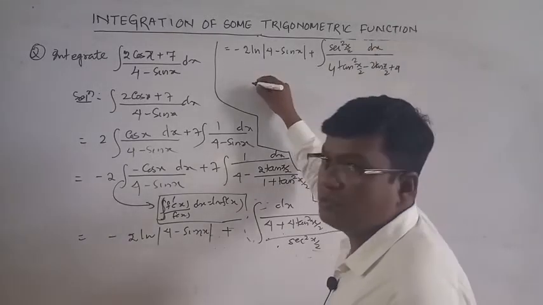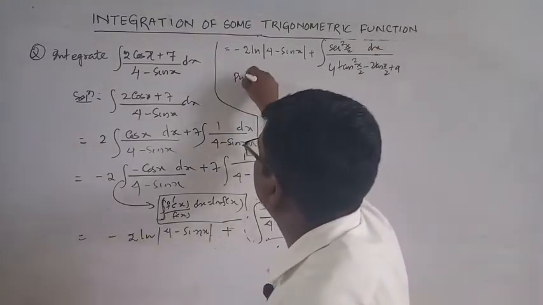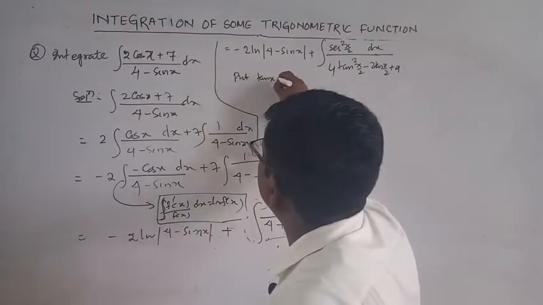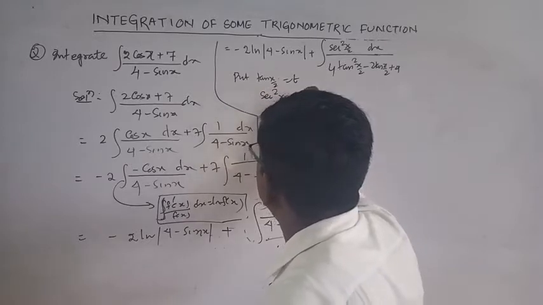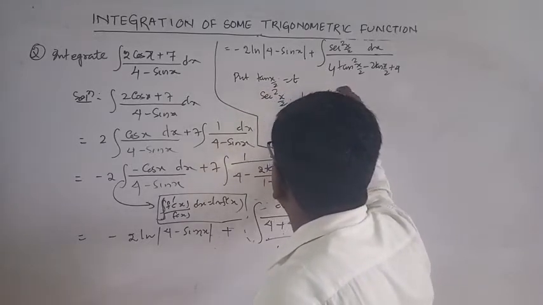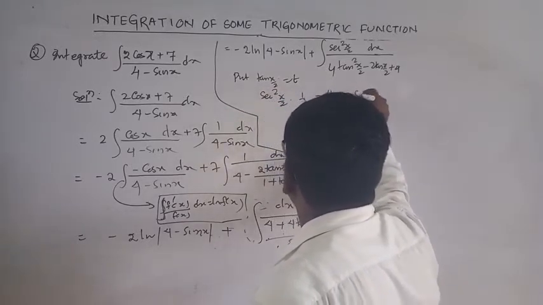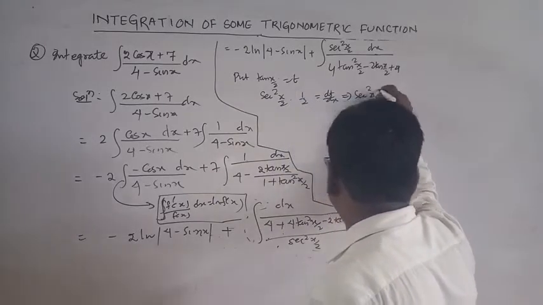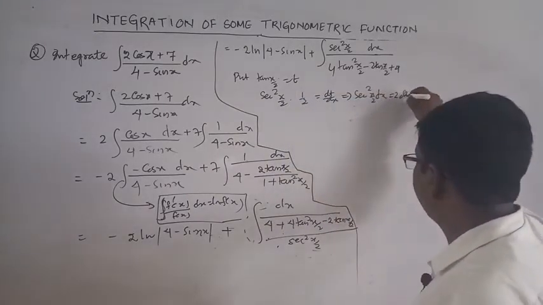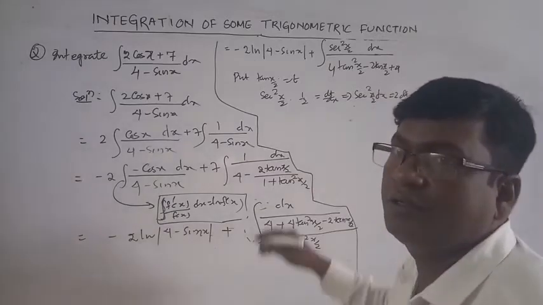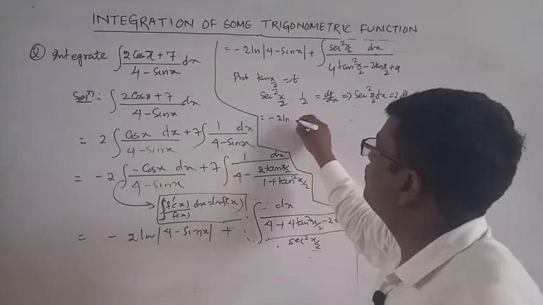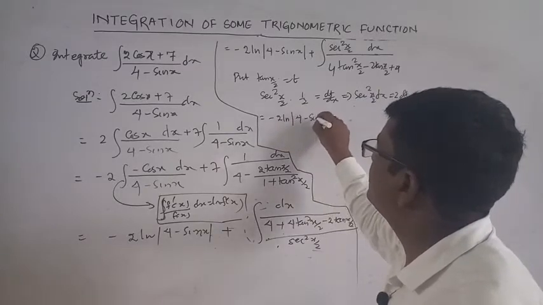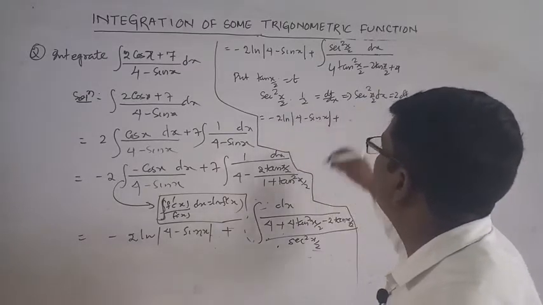Put tan x by 2 equal to t. So sec square x by 2 into 1 by 2 equals dt by dx. That implies sec square x by 2 into dx is equal to 2 dt. Now apply this. So this is equal to minus 2 ln mod 4 minus sin x plus what?